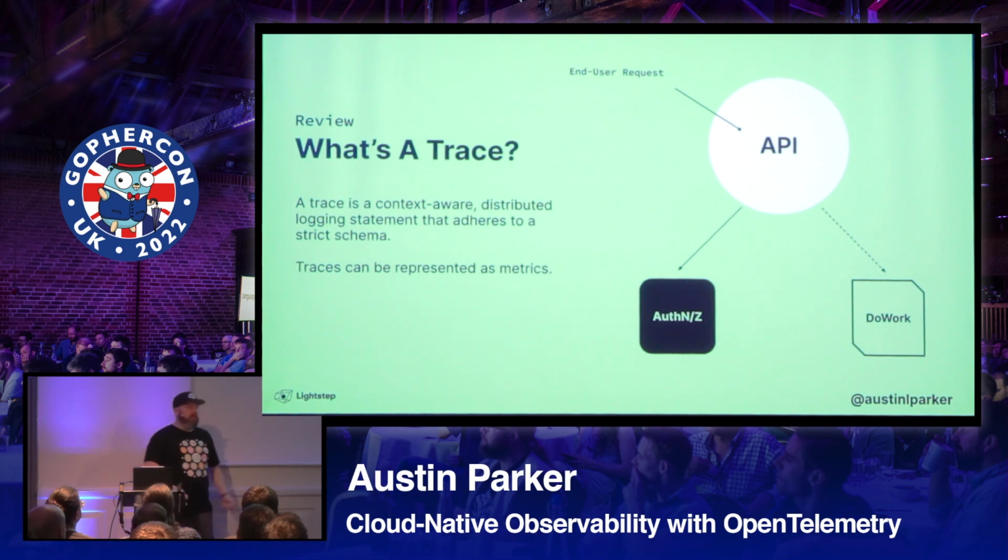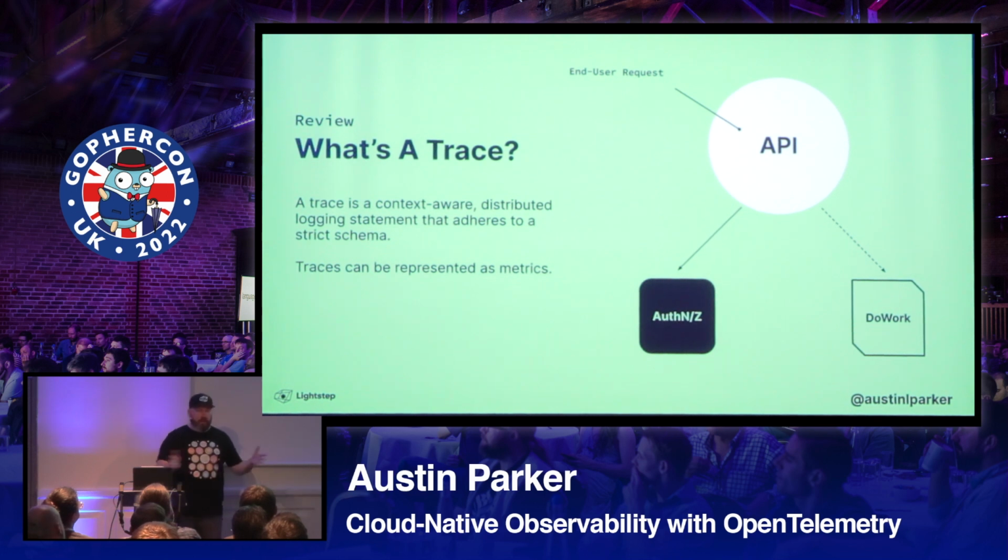The key thing about a trace is the distributed context-aware part of it. I can have a trace that starts at my iOS client or my web client, and goes all the way through my plethora of Go microservices down to some Postgres DB, and every single transaction will be linked together with a globally unique trace ID that I can then look at and see, okay, what happened for session ID blah.